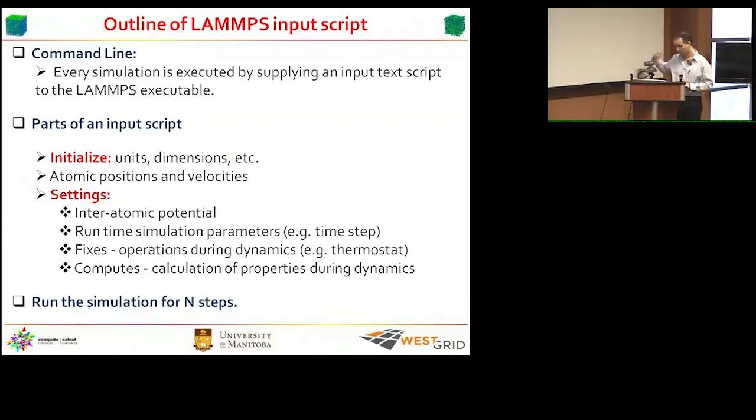For example, if you want to add the pressure of the system as a function of time, you have to add that. The last step in the input file is run. This means that the program will run for the indicated steps.